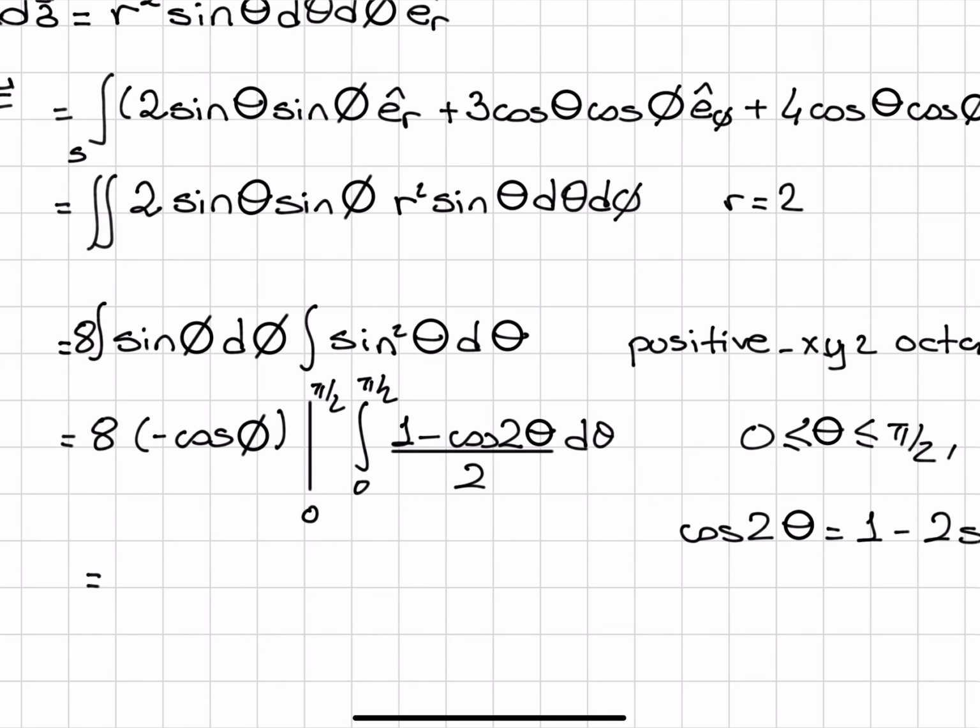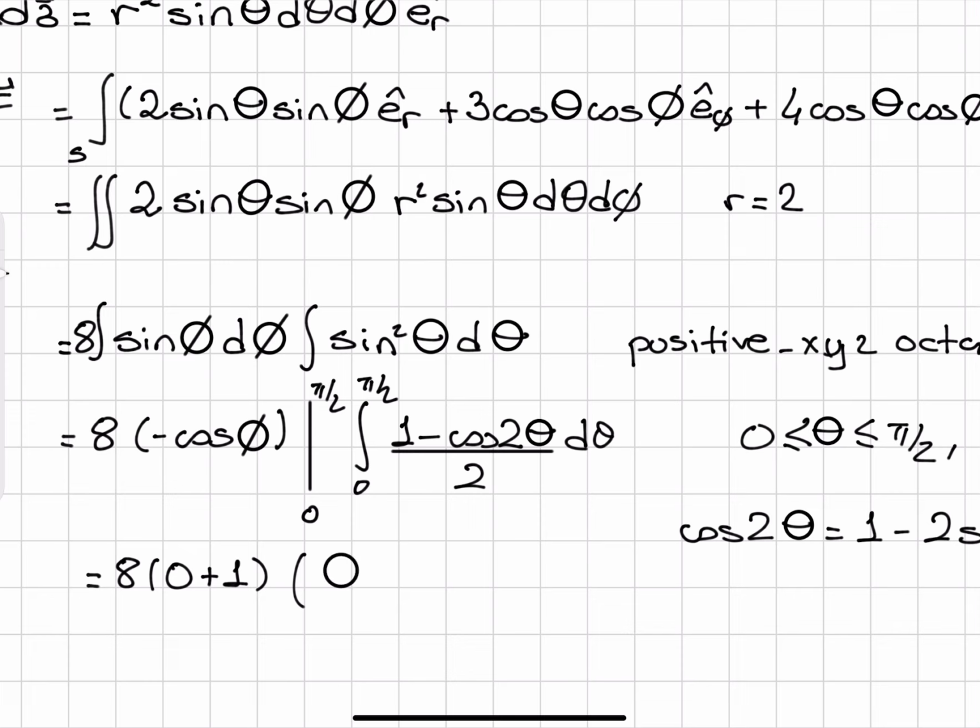Okay, so the phi integral will give me minus cosine pi over 2, which is 0, minus minus plus cosine 0, which is 1. So I will have 8 times 0 plus 1. And for the theta integral, the integral of d theta over 2 is theta over 2.